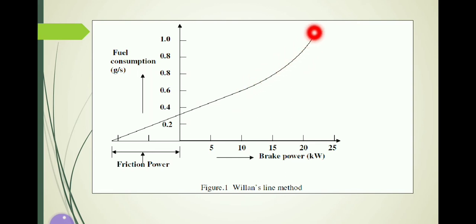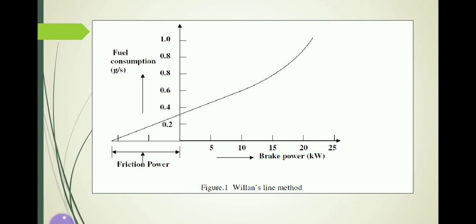And in this Williams line test, what we are doing is, whatever graph we get, we are going to extend it in the negative axis, so that whatever amount of power is shown here will be nothing but the friction power. Why? Because if the brake power is 0, can we say that the engine is not running?